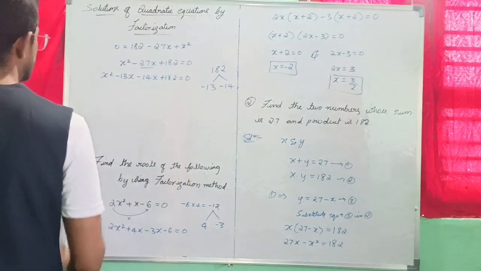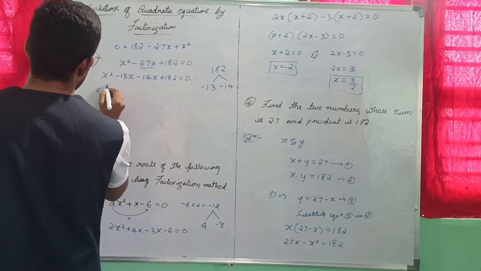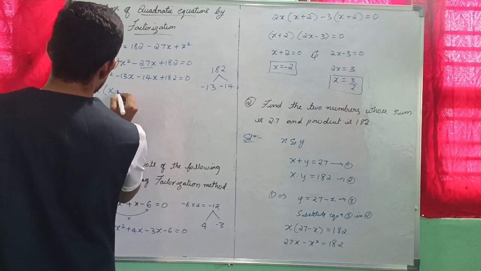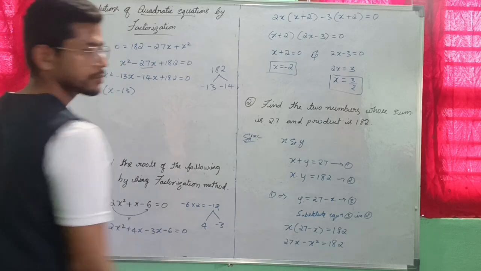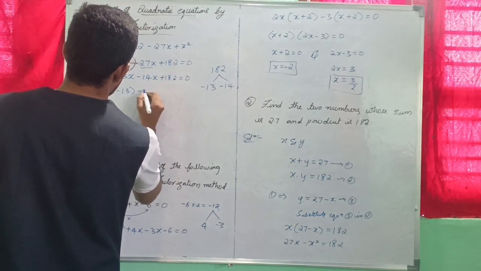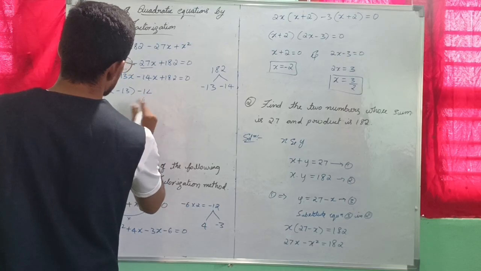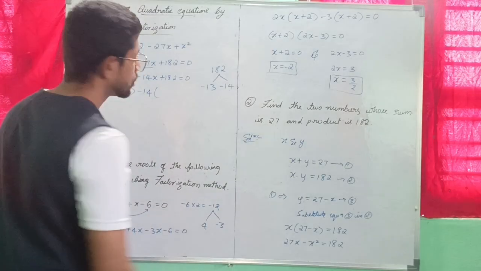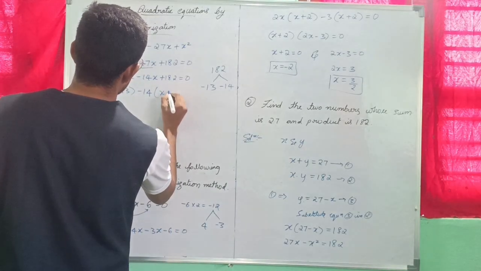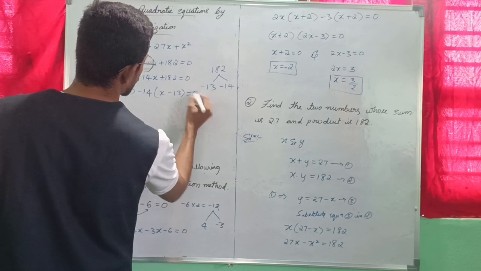Now when we take x common, we get x into x minus 13. Then here we can take minus 14 common. Now we get x minus 13.